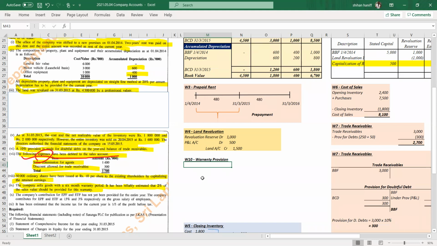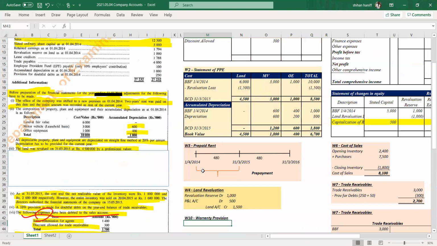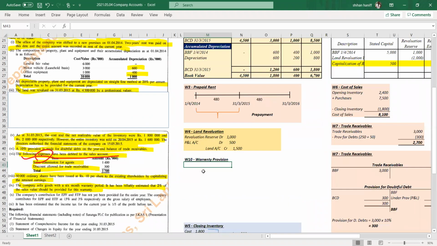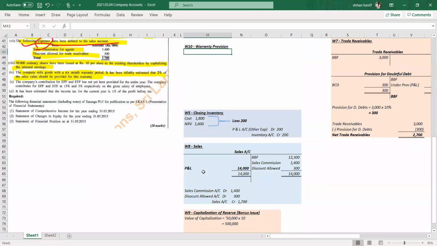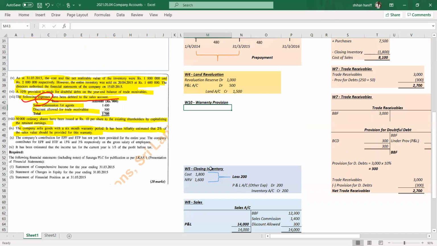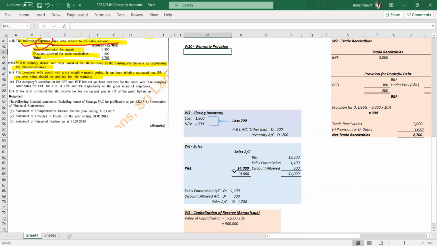It is from the sales, 2%. Now we have calculated sales; there were some adjustments for sales. Now the sales is 14,000.